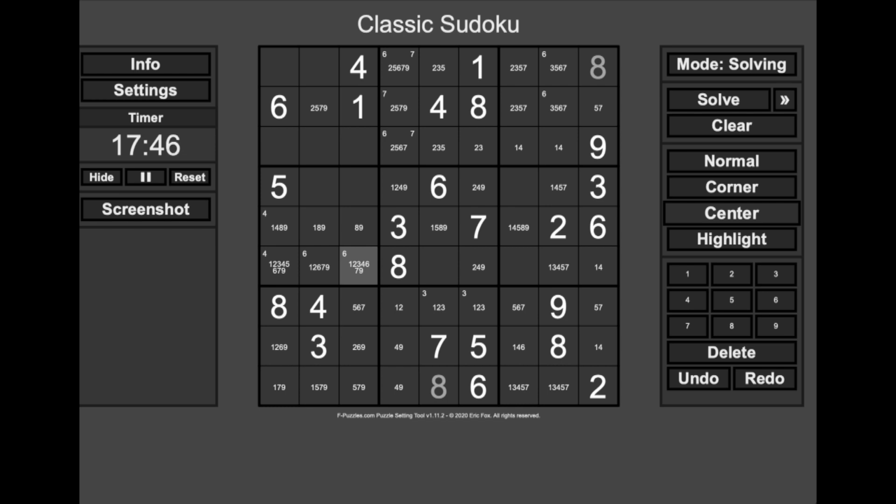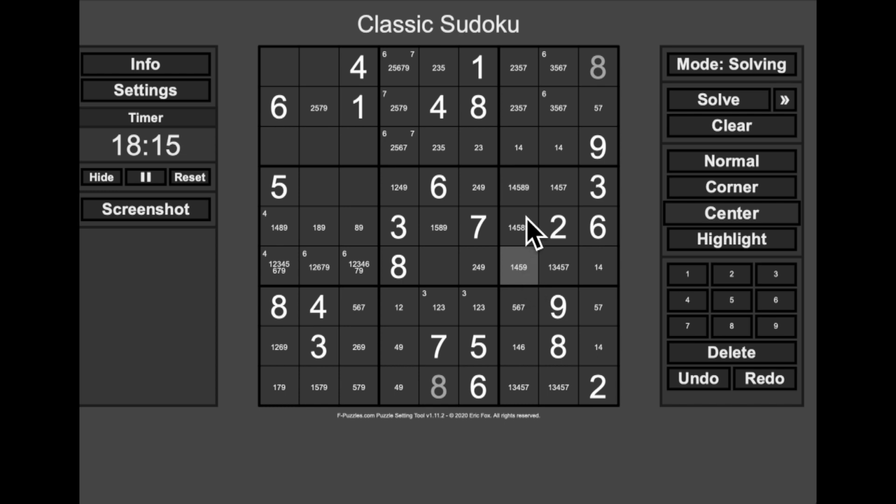Let's see. 2, 3, 6 says these are 1, 4, 5, 8, 9 in some order, in some fashion or another.